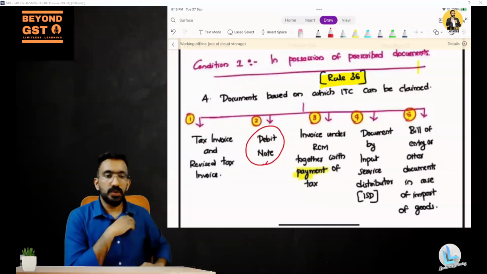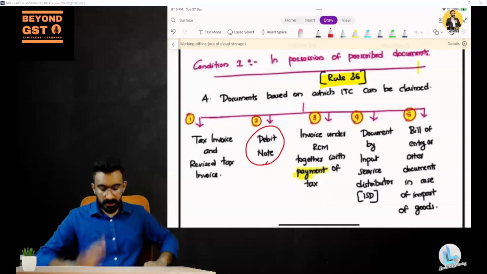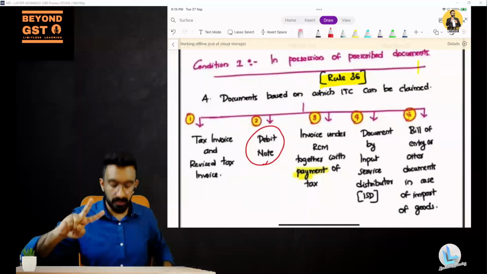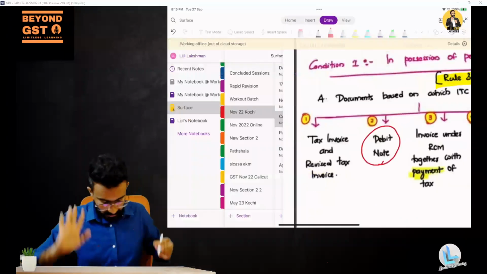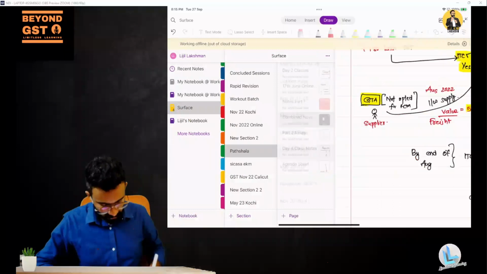You can make a guess, guys, no problem. So there are 2 documents that you have to learn for the exam. These 2 documents are very, very important. Okay, I'll make a quick note on documents also.